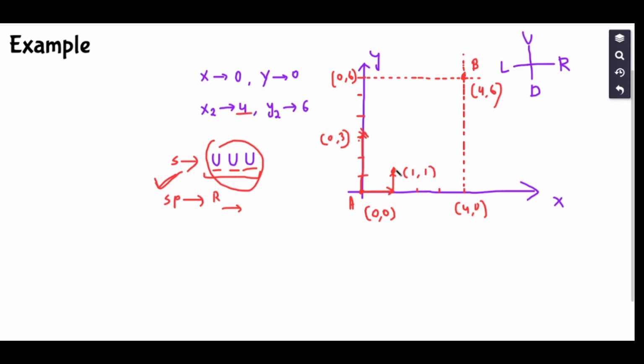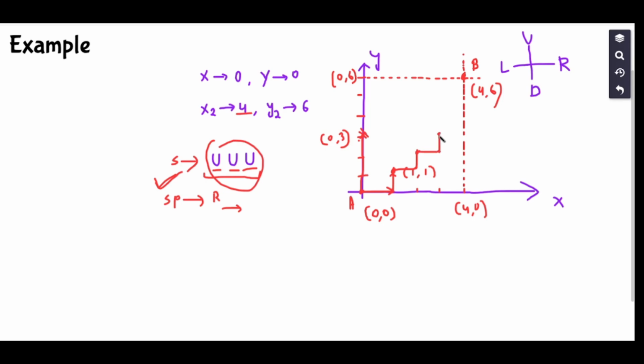In the same fashion, it's going to move 1 unit towards right on the second day due to the ship's own power, 1 unit up due to the wind's power. This is the location on the second day. On the third day, same, 1 unit due to ship's power, 1 unit due to wind's power.